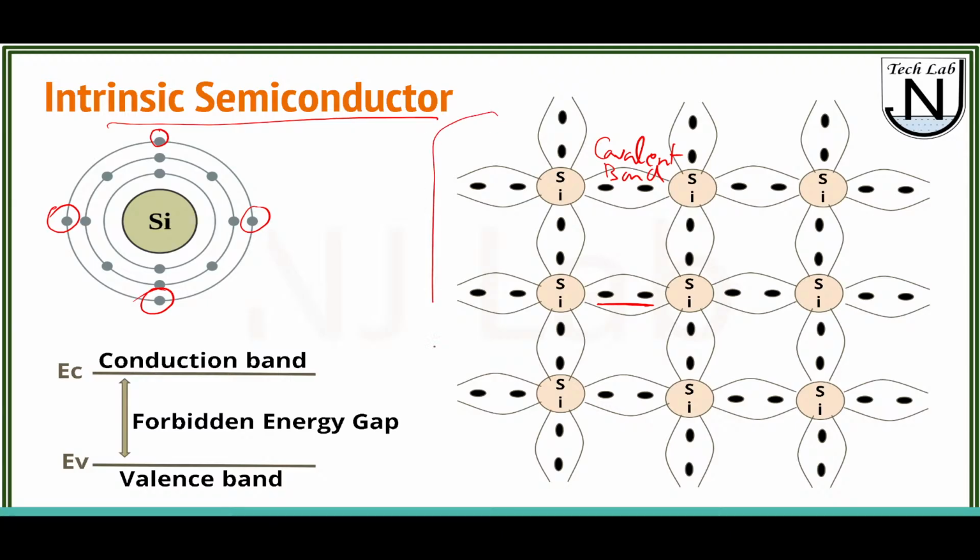So the crystal of silicon looks somewhat like this: a single silicon atom has 4 electrons of its own, whereas another 4 electrons are shared from the neighboring silicon. So overall, with the help of the covalent bond, it gets 8 electrons, right? And this is the intrinsic semiconductor, which does not have any impurity.